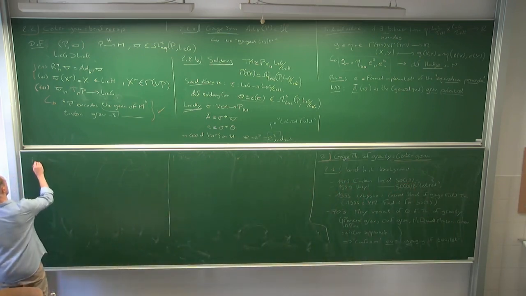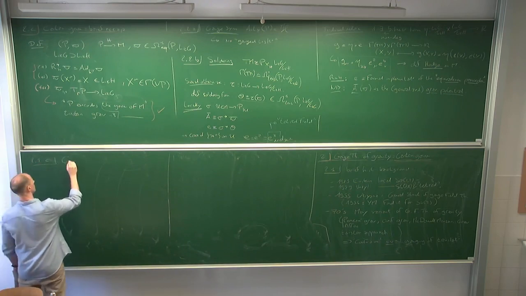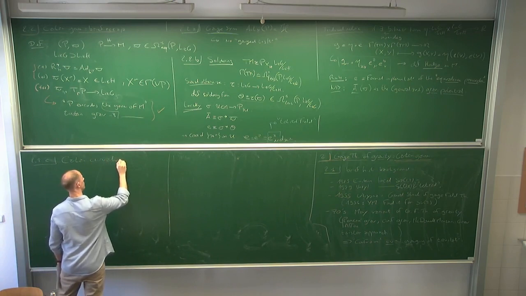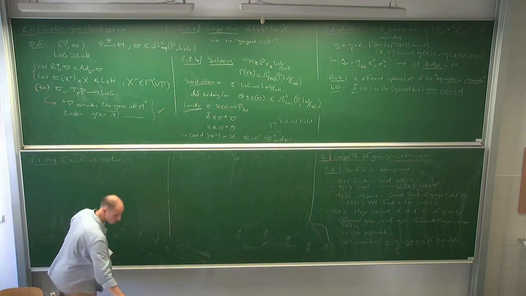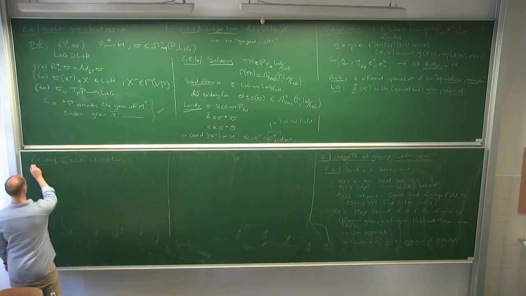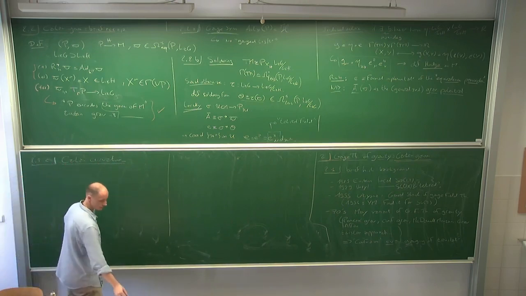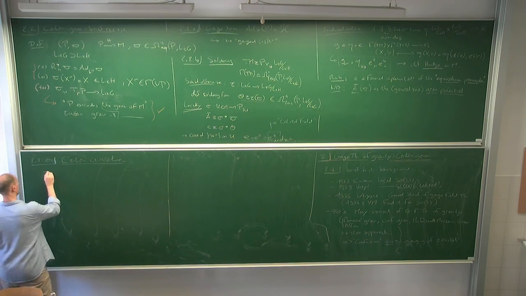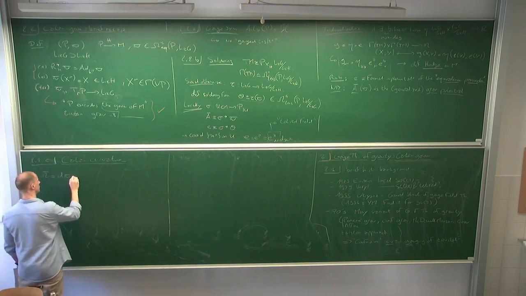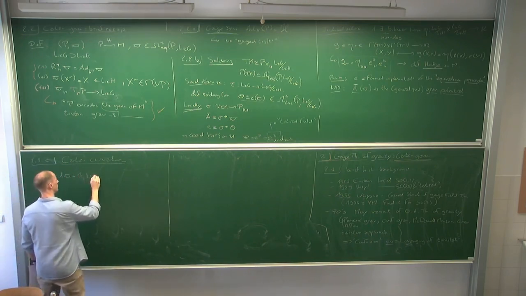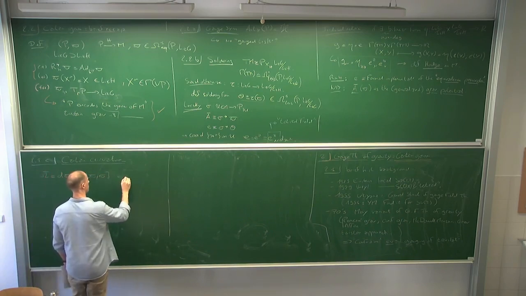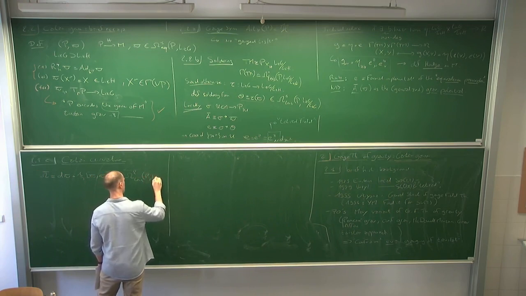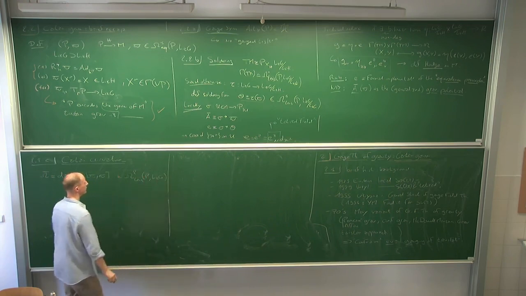So just quickly, Cartan curvature. Of course, Cartan curvature will be denoted like this. It is given by the Cartan structure equation. It is a tensorial two-form on P with values in the Lie algebra g.